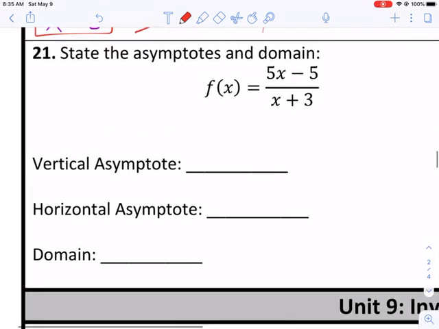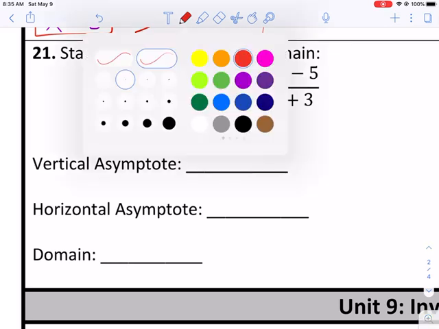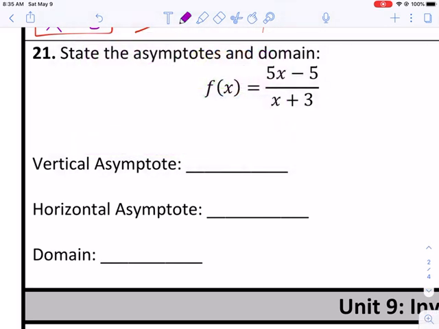All right, on number 21, we're talking about those rational equations here with vertical asymptotes and the horizontal asymptotes. So remember, the vertical asymptote's always found from our denominator. So I can look at this x plus 3 and know that my vertical is going to be at x equals a negative 3.